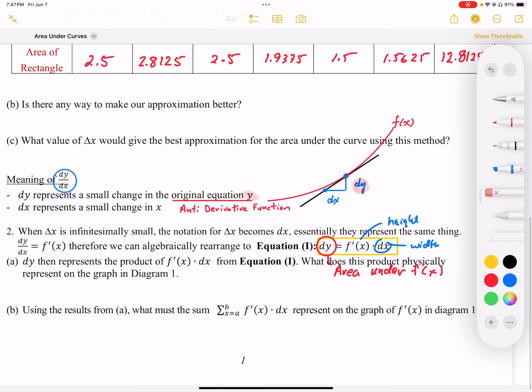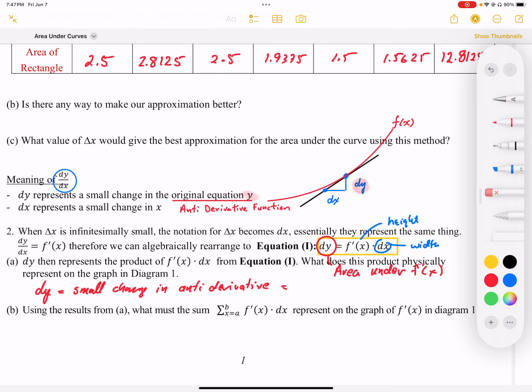So dy, which is our area, I'm just going to write it like this. My dy is a small change in the antiderivative, and it is also equal to the area under the derivative.